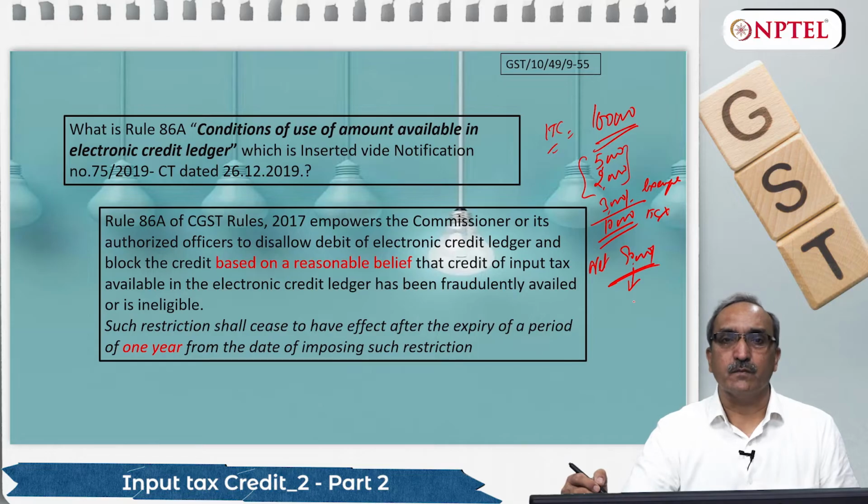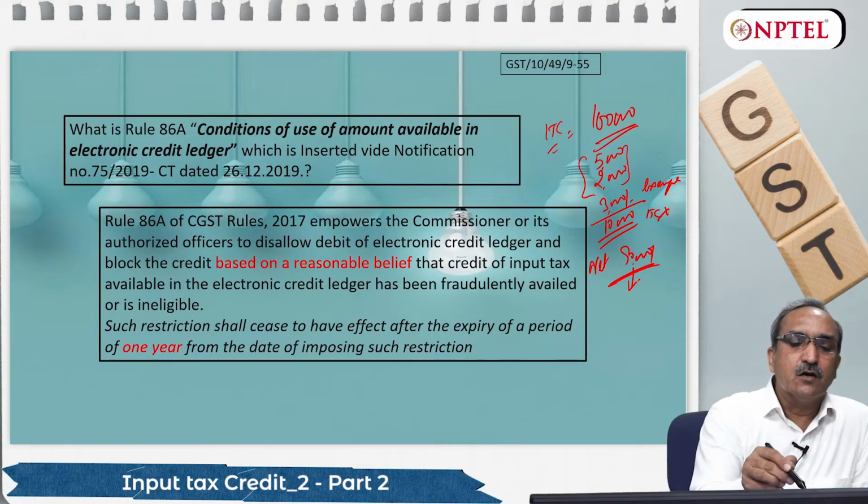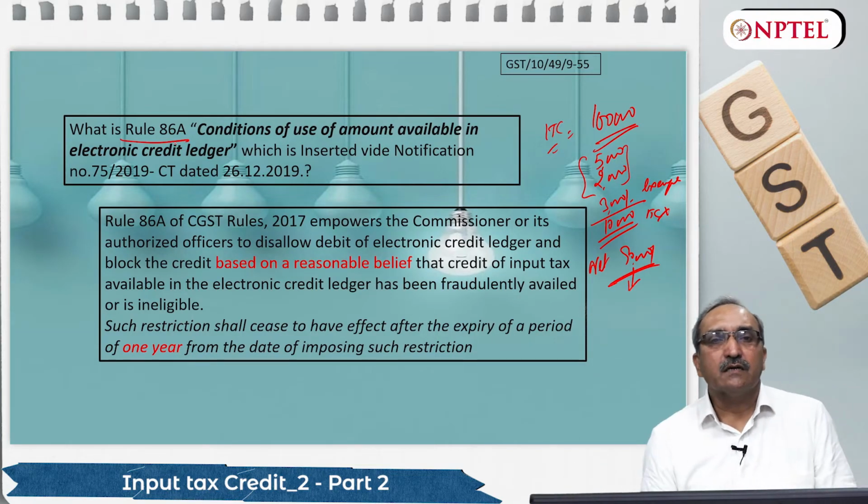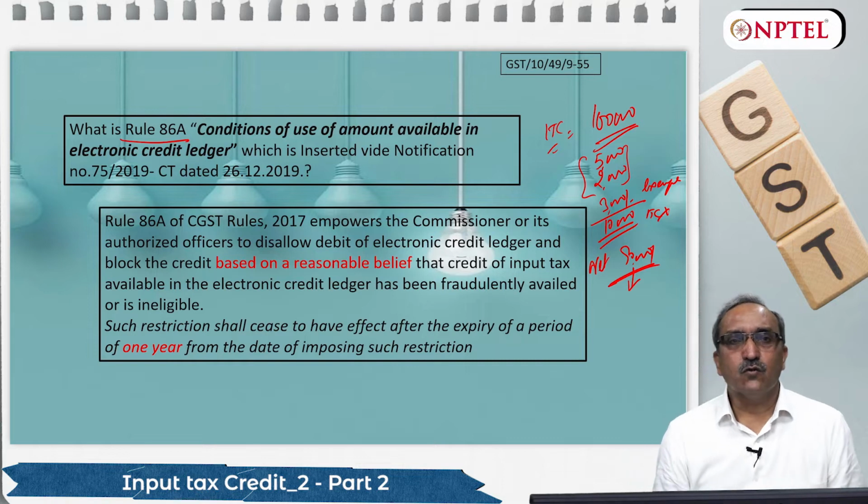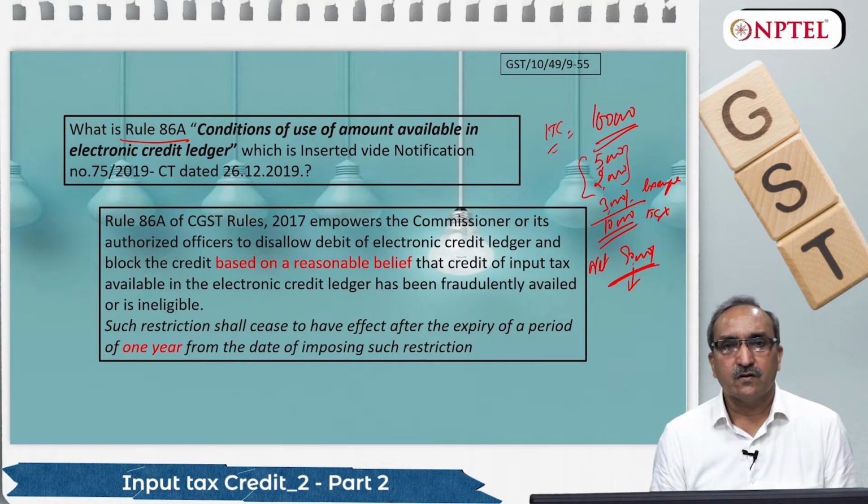There is no problem. But friends, there is a rule in these sections, Rule 86A of CGST Act. This rule has some more conditions on your usage of ITC, availing of your ITC benefit.